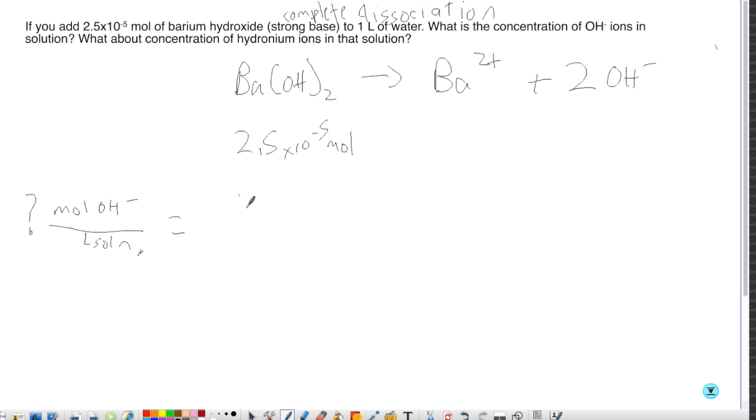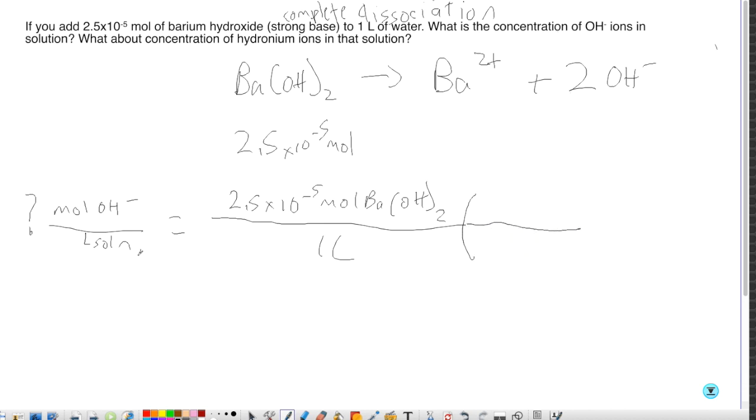I'm given information about the moles of barium hydroxide, and I'm given the volume of the solution, which in this case, nicely enough, was 1 liter solution. So the only thing that I really need to do is convert these moles of barium hydroxide to moles of hydroxide ion.